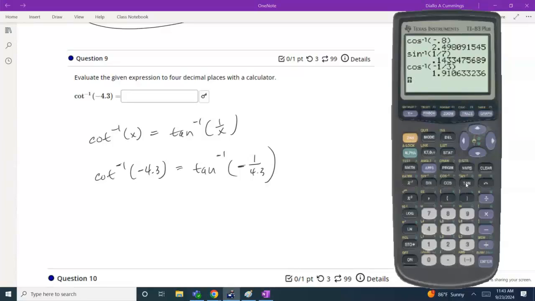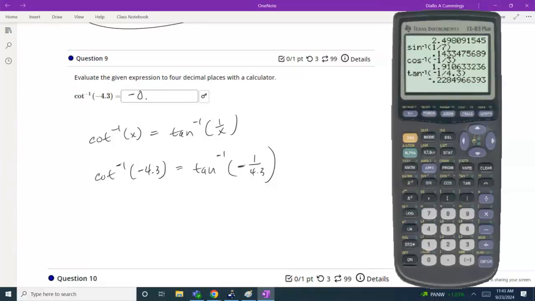So this is the arc tangent of negative 1 divided by 4/3. Round it to 4 decimal places, negative 0.2285.